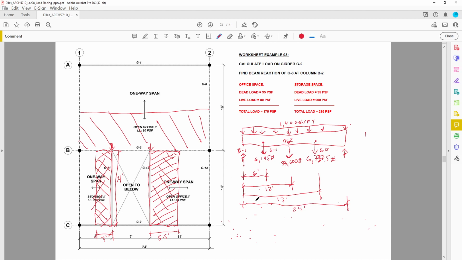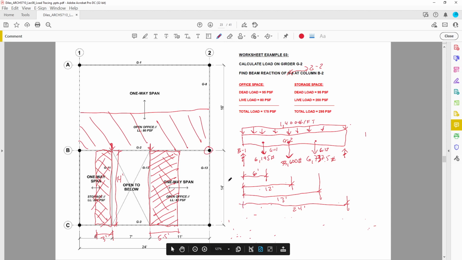All right, so let's now do our moment equation for this, because we're trying to calculate the load on girder G2. And so we know all of the loads on G2, and we need to find the beam reaction of G2 at column B2, which is here. Okay, so let's do a moment equation for this.